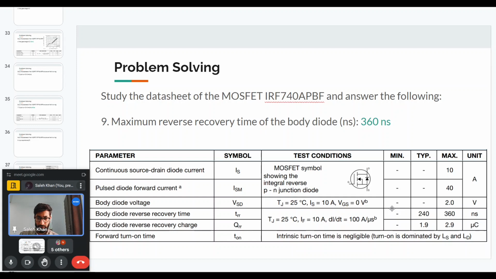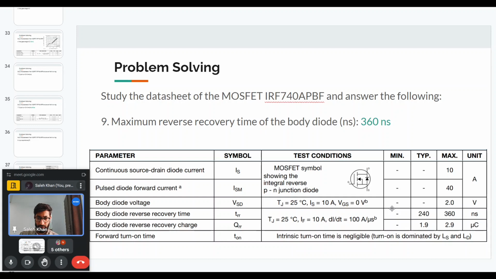Then it will have some di/dt, the current will fall and go to the IRM, and then it will go to zero, and it will take some time, TRR. The TRR actually depends on what the forward current was. If the forward current is only 1 ampere, then the typical value of TRR is 46 nanoseconds.